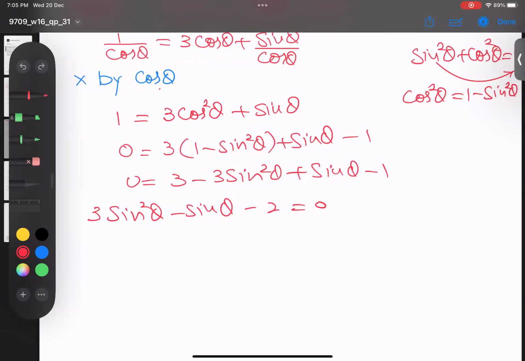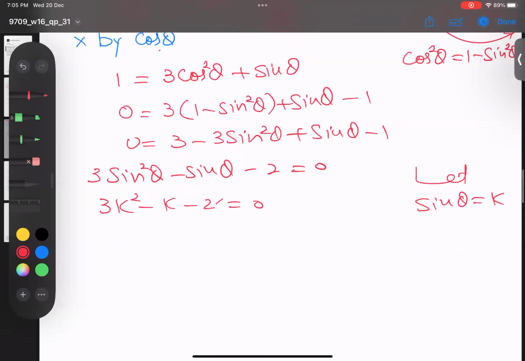Now I can see this one, so I will assume sine theta equal to k. It is not compulsory for students to assume this; you can even do it directly. So this is k and this is k square. I'm writing 3k to power 2 minus k minus 2 equal to 0. Factorization: 2 times 3 is 6, so negative 3k plus 2k.